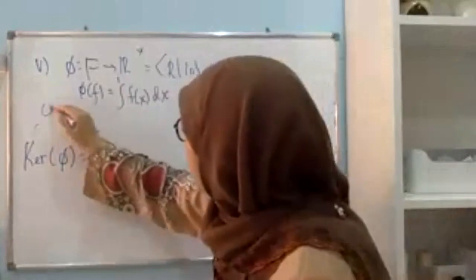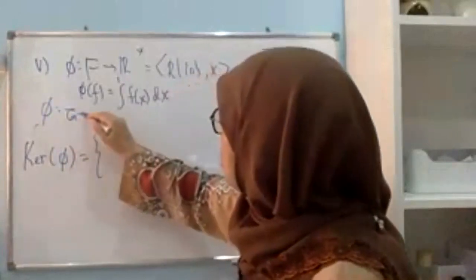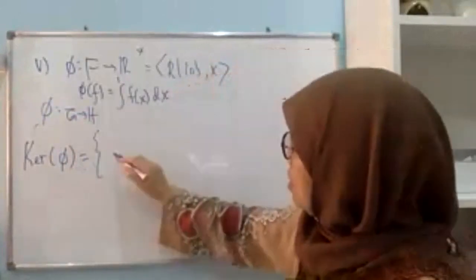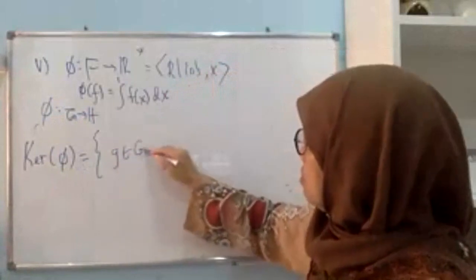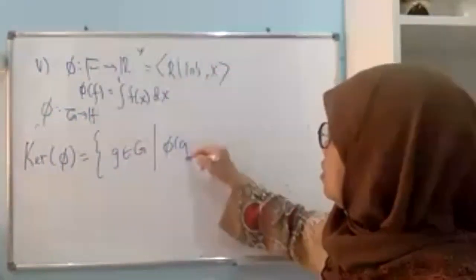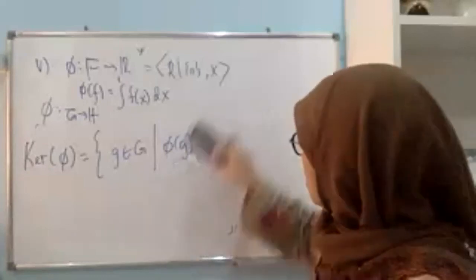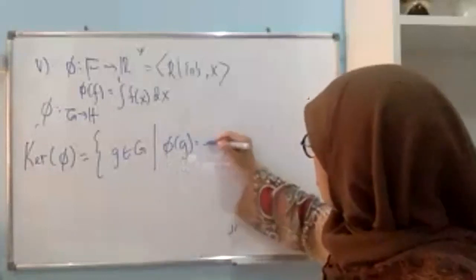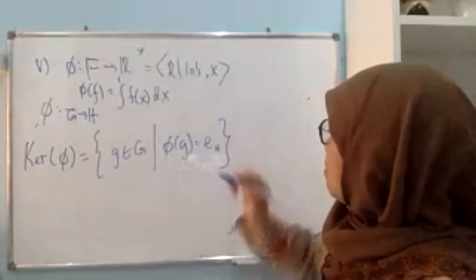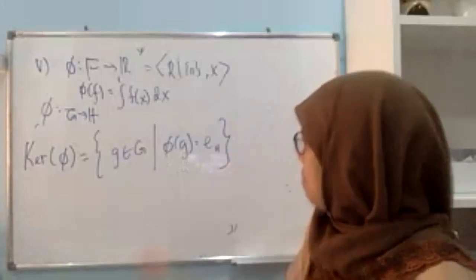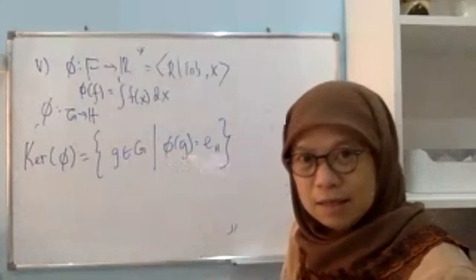If you have phi from G to H, the kernel is the set of g in G such that phi of g is e in H. What is mapped to the identity?